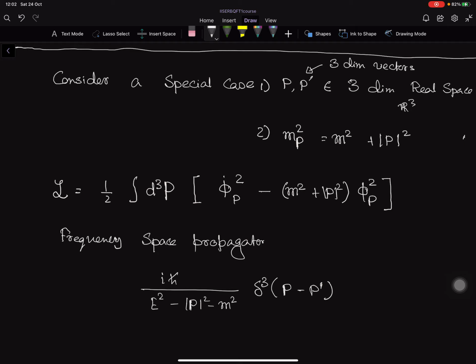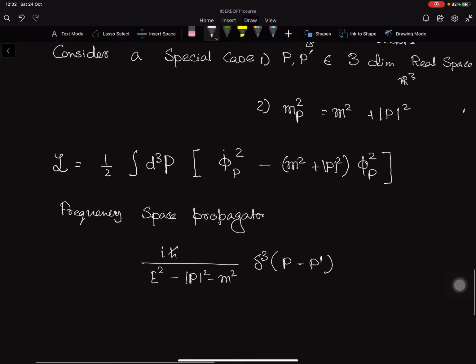Okay, so for this special case this happens. Now you probably can already understand, and we will connect it soon, that this thing is the same as a real scalar field in 3+1 dimensions.